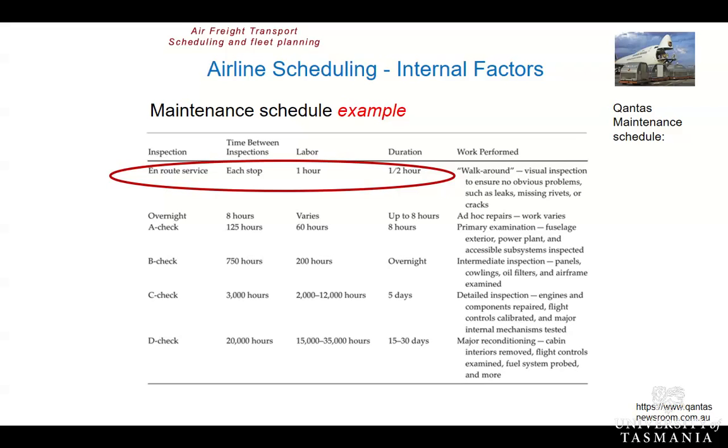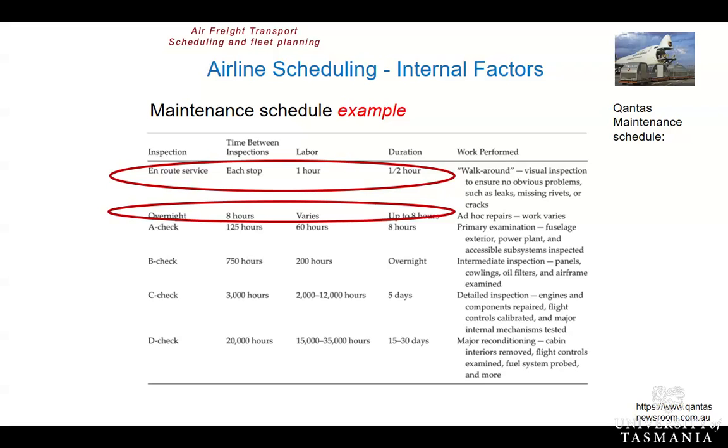So every single time the aircraft arrives at a particular destination, somebody will have a visual inspection of that aircraft. Usually it might take around about a half hour. And that's really designed to identify any obvious things that might go on. So that's the first thing that's going to happen.